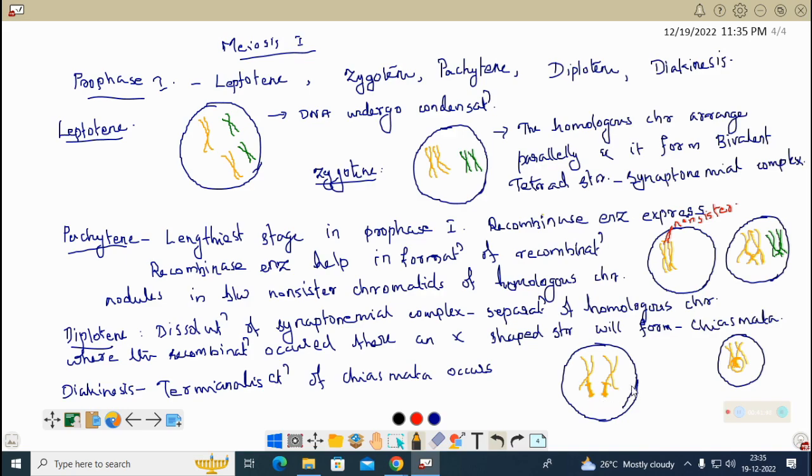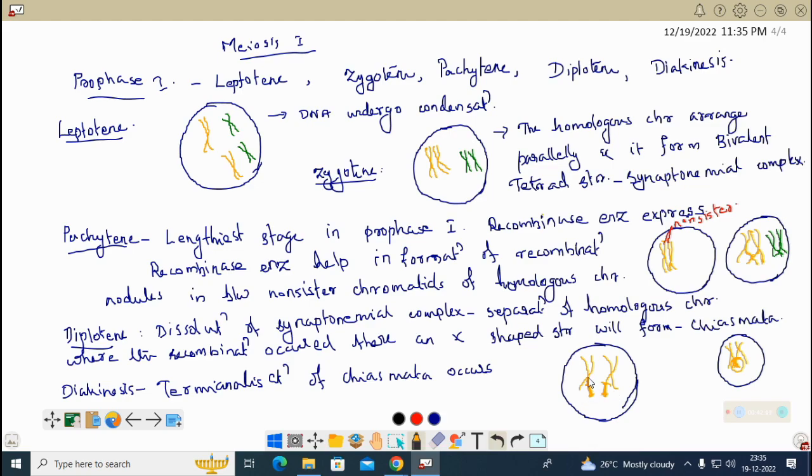Because of that, just imagine in a person, when gamete formation is occurring in the testis and sperm is forming, you imagine his father's chromosome and his mother's chromosome. The father's chromosome undergoes replication, and the mother's chromosome undergoes replication and produces sister chromatids. The homologous chromosomes received from father and mother are the non-sister chromatids.